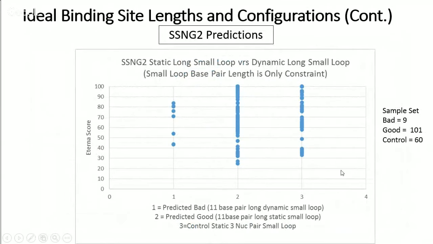Same state NG2. Once again, decent separation between good and bad. Samples, not the greatest, but it's okay. 9 is decent. It's not the greatest, but it's good, and it shows a good distribution. Similar to what was going on in the previous labs.